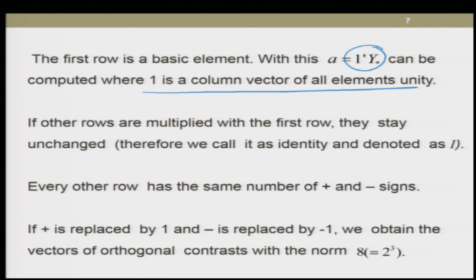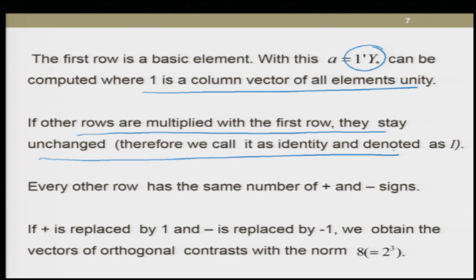That is why we say that if other rows are multiplied with the first row, they will stay unchanged, and therefore we call this first row an identity relation. All other rows except the identity row will have plus signs as well as minus signs, whereas this identity row will always have only the plus sign.